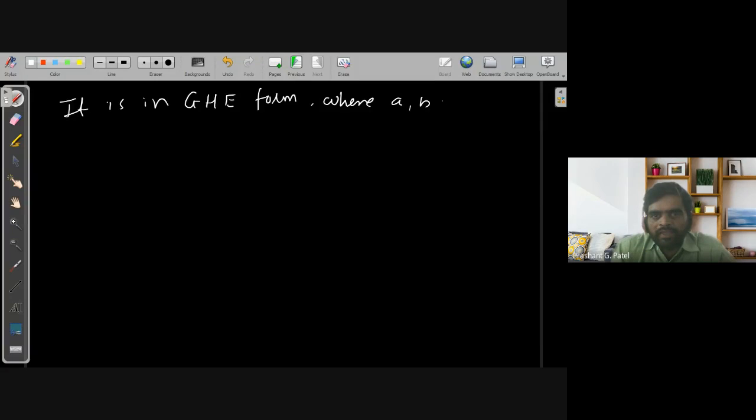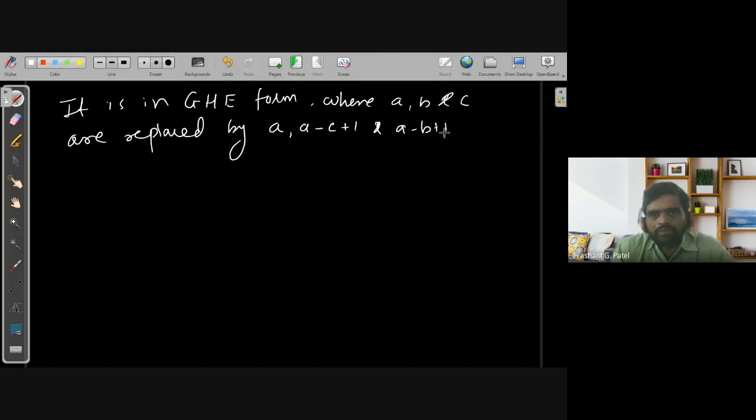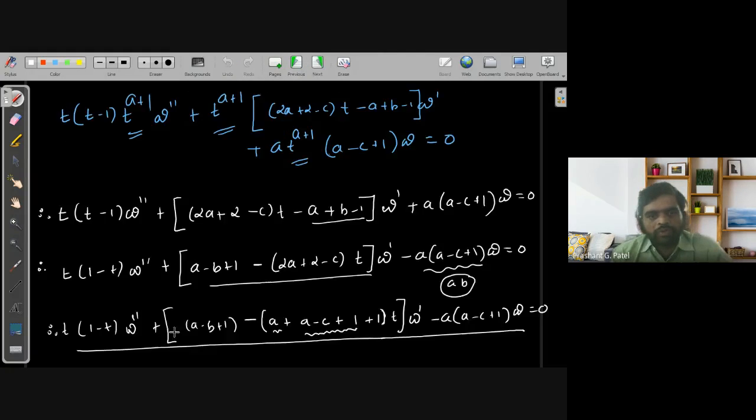So we can say that it is in the Gauss hypergeometric equation form where a, b, c are replaced by a, a minus c plus 1 and a minus b plus 1, that you can observe from this.